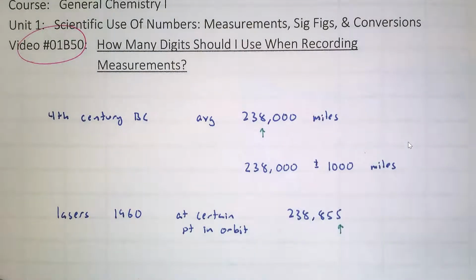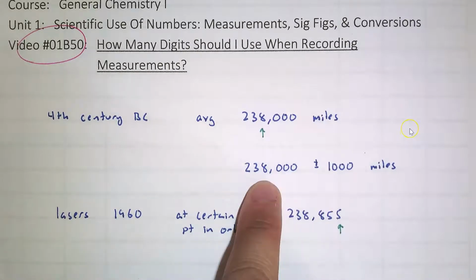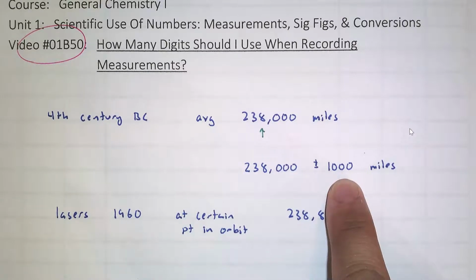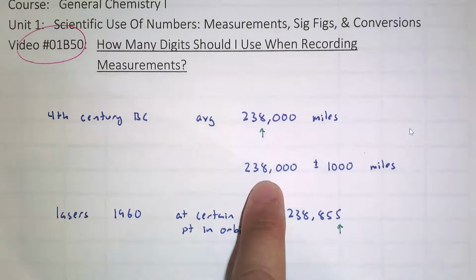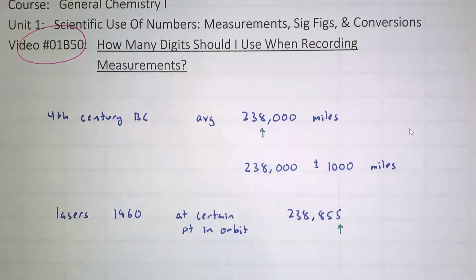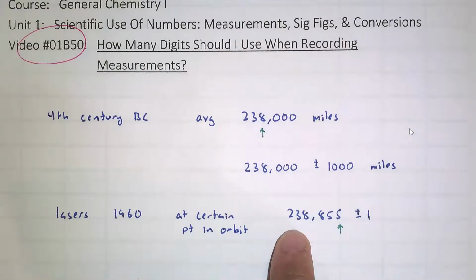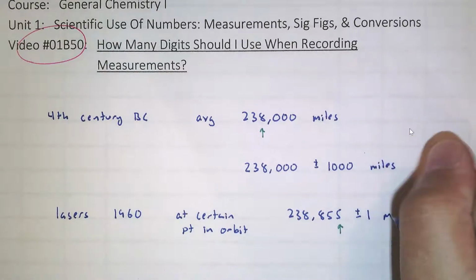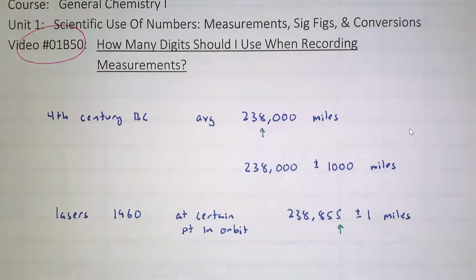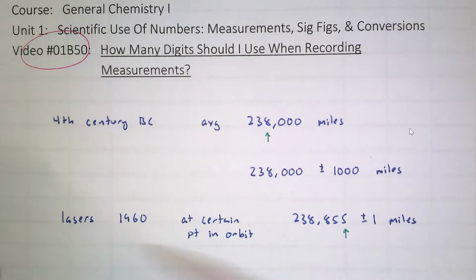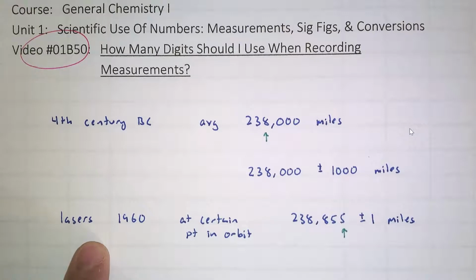Using this convention where you take that last digit that you know has meaning and make it plus and minus that unit to show the error, then we would say that this is to the plus or minus to the ones place. So the accuracy is now 238,855 plus or minus 1 miles. Obviously, this number you would say is more precise, and that's because humans had better instruments to measure that distance.